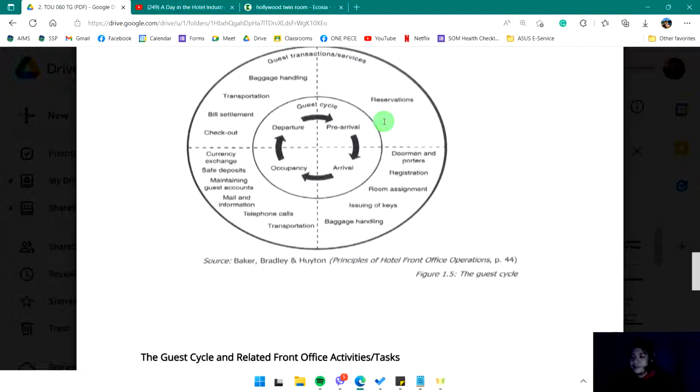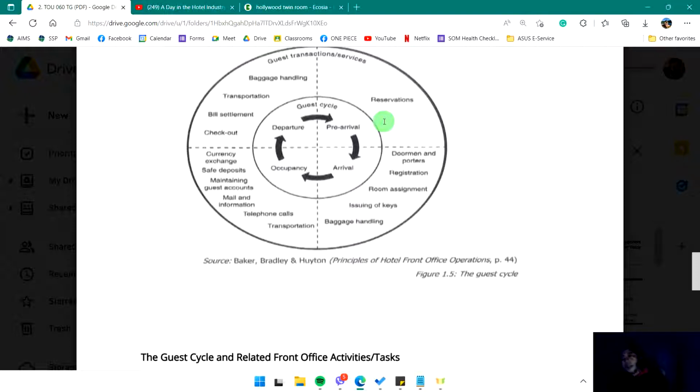Inquiries about money exchange, inquiries about different things that you can do around the area. Basically, here in this part of the phase, yung occupancy phase natin, dito nangyayari yung buong experience ng guest natin.